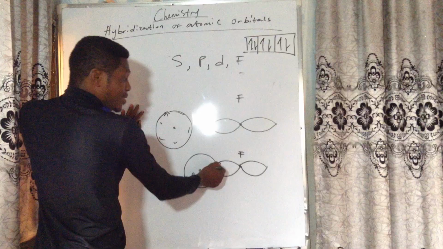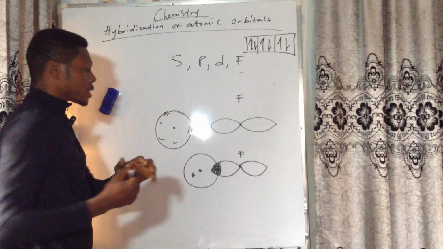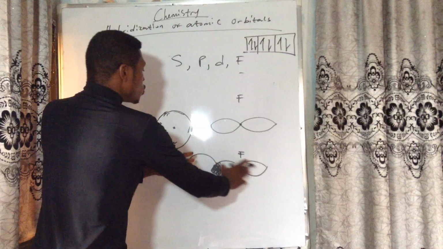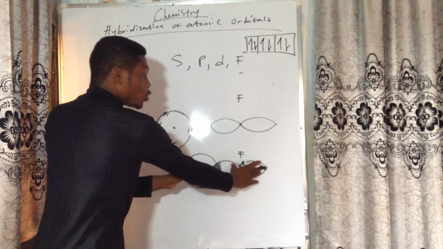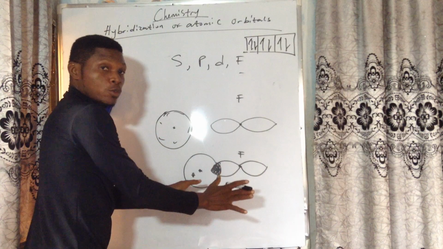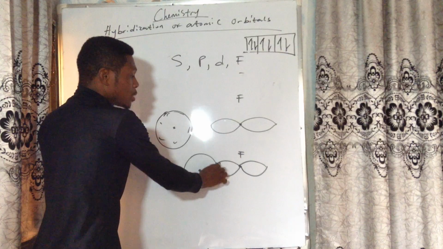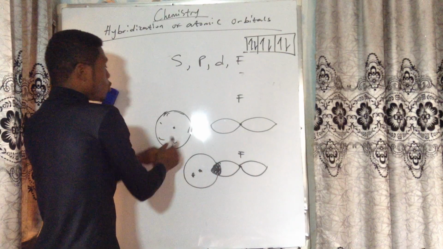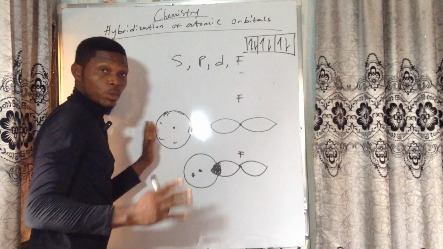Both nuclei will be attracting electrons in this region. So as they come closer and closer, the energy of both atoms will be decreasing, because the energy of the electrons in this bond orbital is less than the energy when they are not bonded, that is, when they have not met each other.